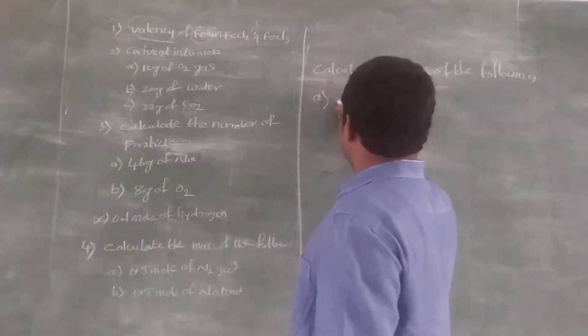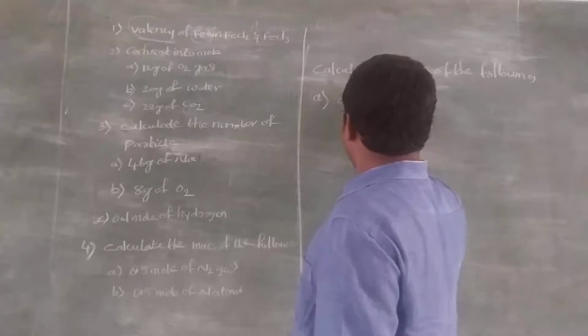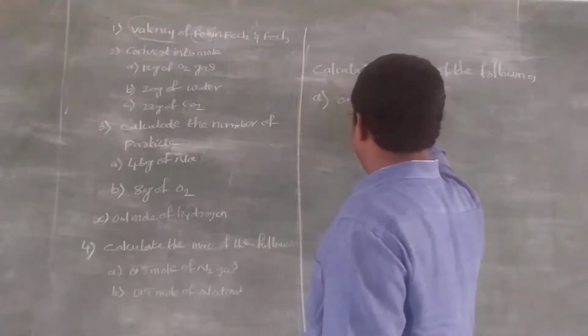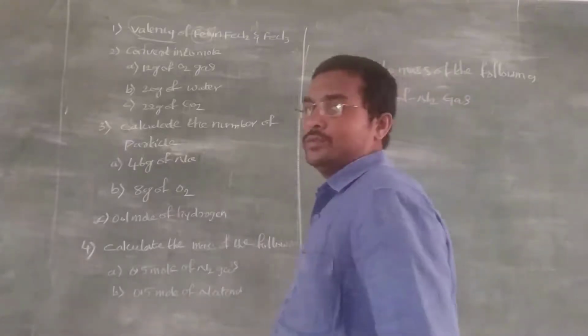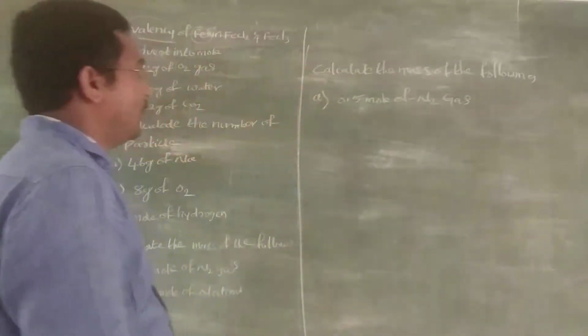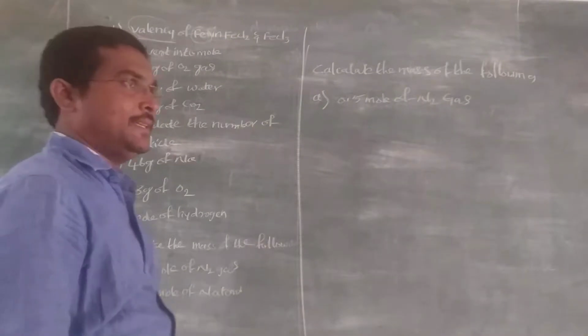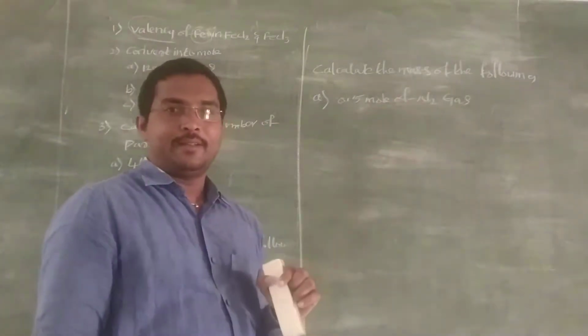A: 0.5 mole of N2 gas. Here the mole and N2 gas are given.